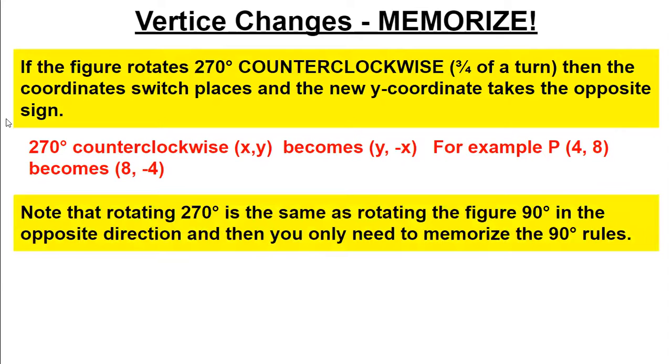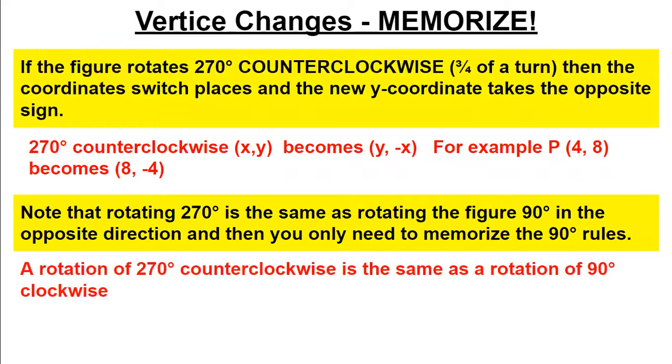Note that rotating 270 degrees is the same as rotating the figure 90 degrees in the opposite direction. And then you only need to memorize the 90-degree rules. So if you can remember, 270 is a rotation that will land you in the same spot as 90 degrees, right? In the opposite direction. So if I'm going counterclockwise 270, that's the same as 90 degrees clockwise.